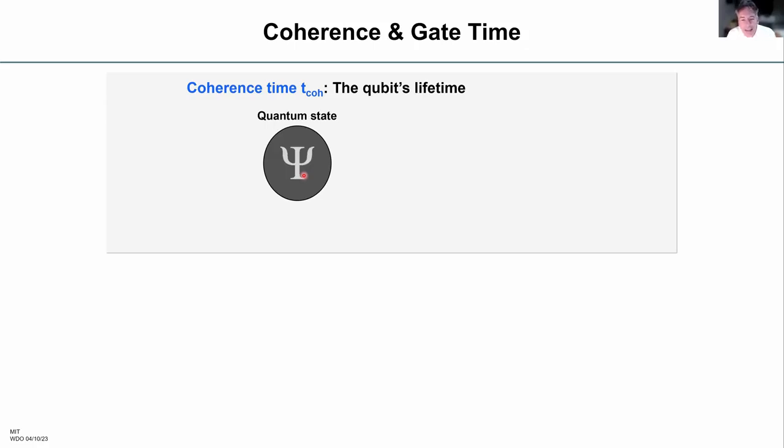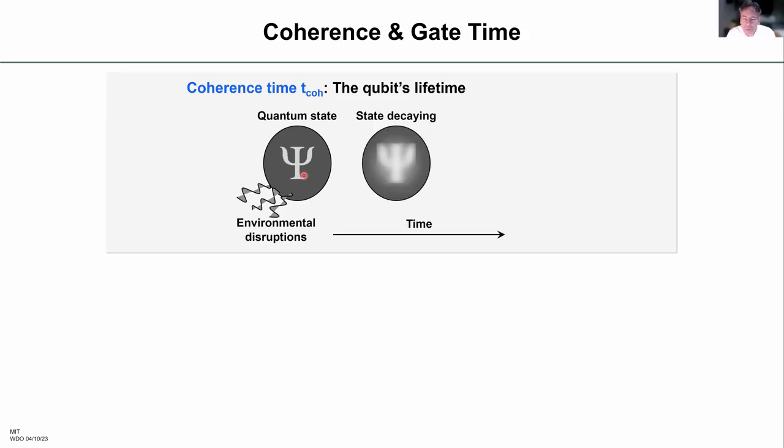Let's call it psi. And from that point forward, immediately it starts interacting with its environment. That could be the environment of, say, the substrate that it's on, or the environment of the control lines that are coming in, all of the environment, everything. And over time, that state will blur and eventually become lost. Now, the qubits are still there.